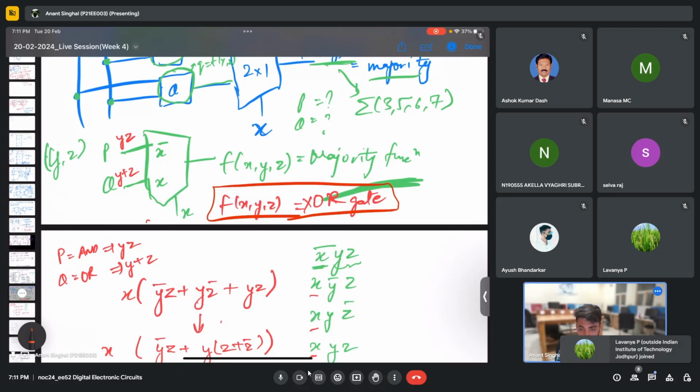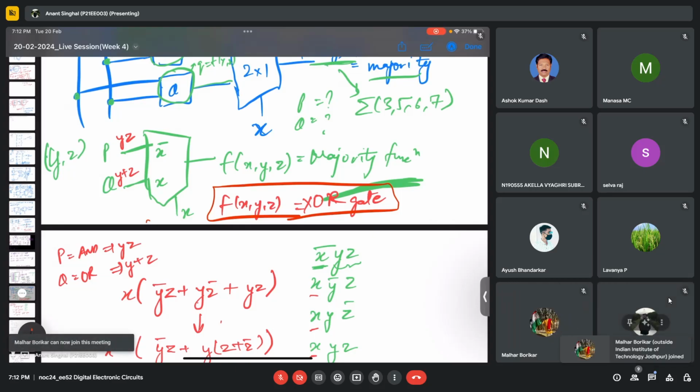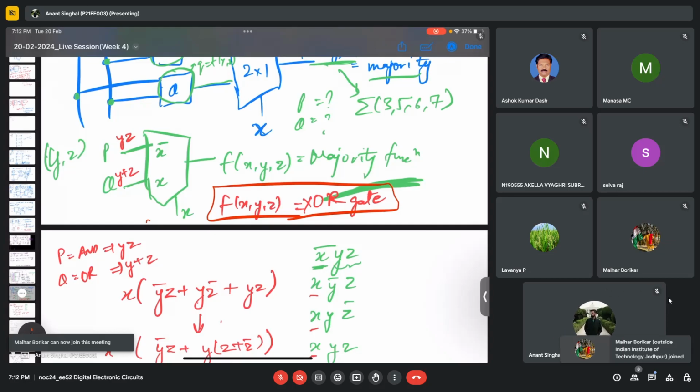Let me know what are P and Q. Any answer?